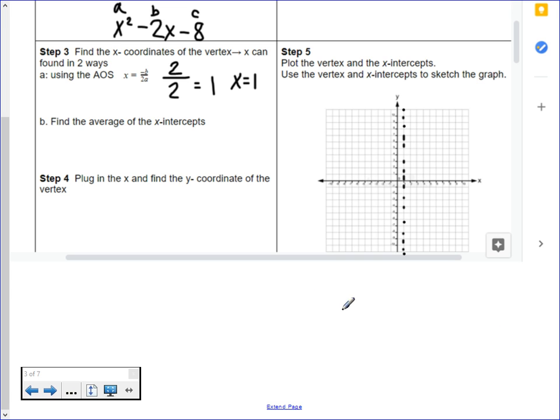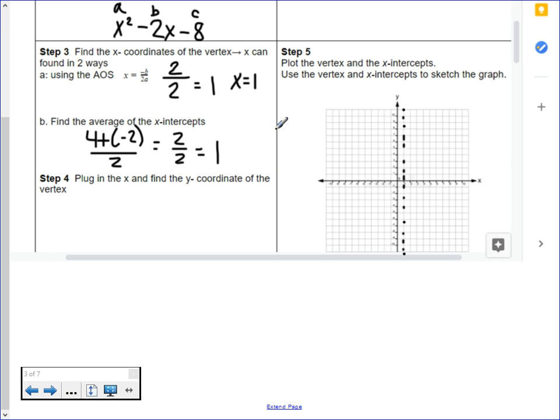We just got our answers, which were 4 and -2. So if you take 4 plus -2 and divide by 2 because there's 2 terms, you also get 2 divided by 2, which is 1. This is just another way to find your x if you don't like to do the opposite of b over 2a, whichever way you prefer.